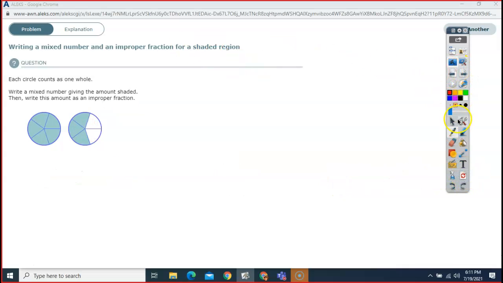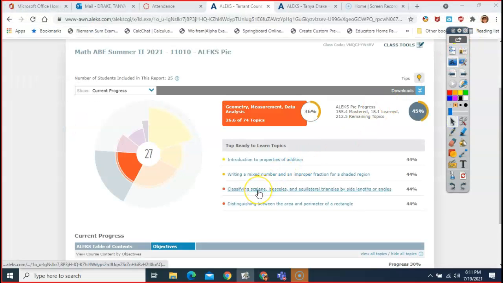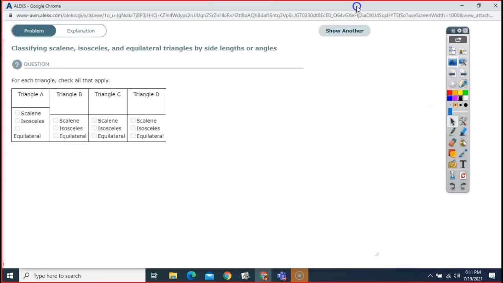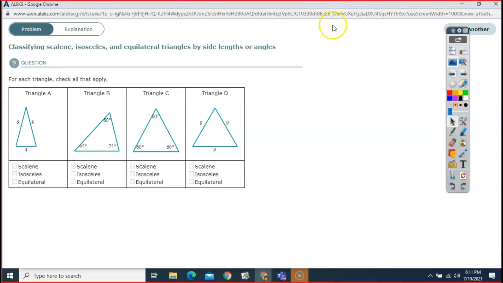All right. Okay, let's go to the next problem. Classifying scaling, isosceles. Okay, yeah, this is geometry. The first thing you need to know are the definitions. Isosceles, let's go with scaling.